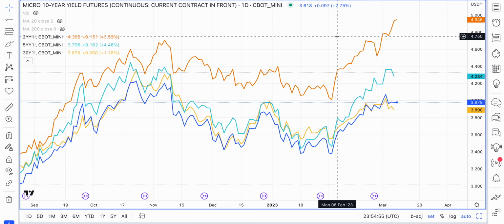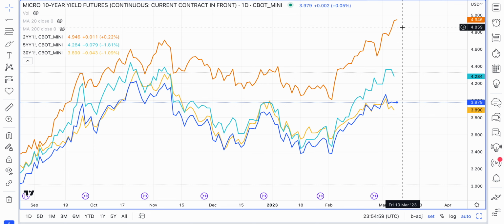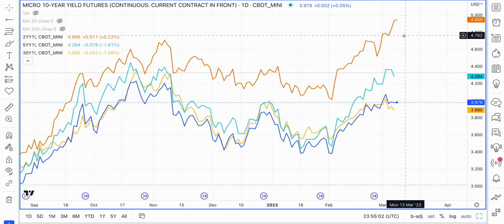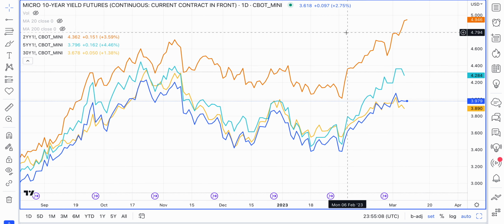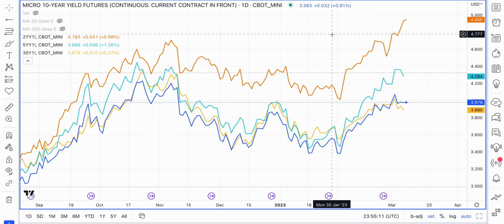One of the key things that I want to point out is to look at the shorter end, the 2-year note yielding 4.94%, almost 5%. This is the market anticipating that in the forthcoming months the Federal Reserve might have to be even more aggressive in their rate hiking and could increase their Fed funds rate to perhaps 5% or even 6%.